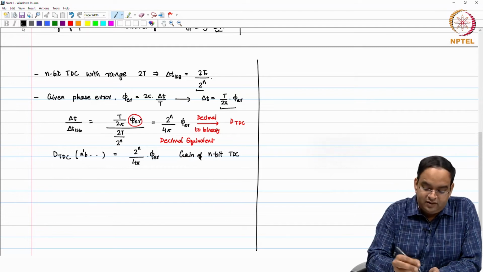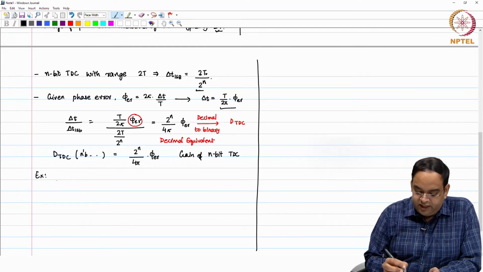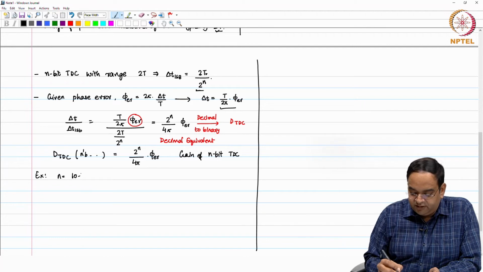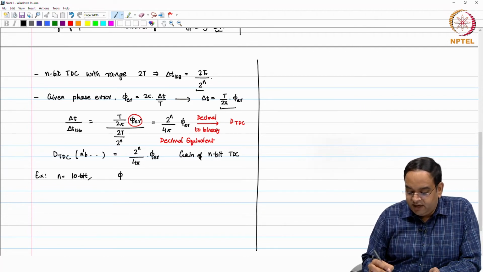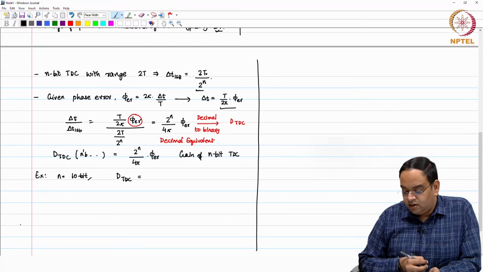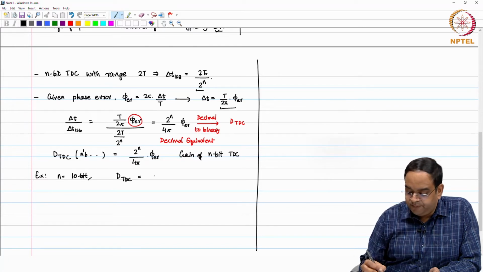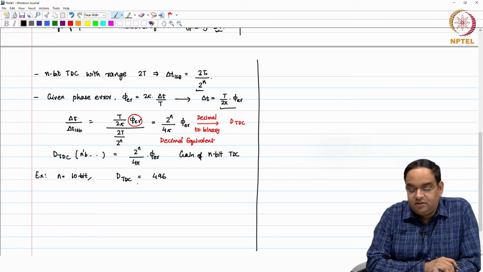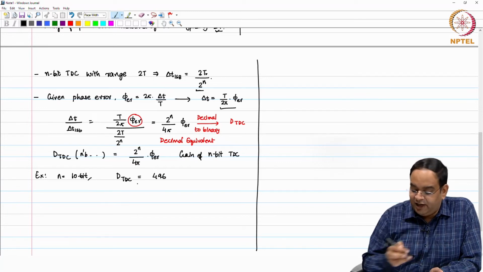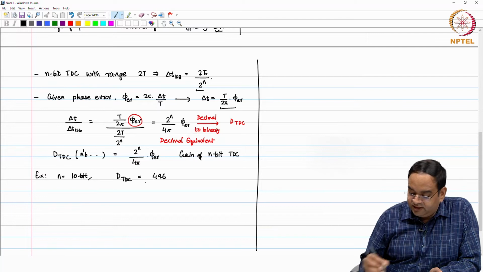If n is, for example, 10 bits, and my dTDC value happens to be, let us say, 496, this is the numerical decimal value.